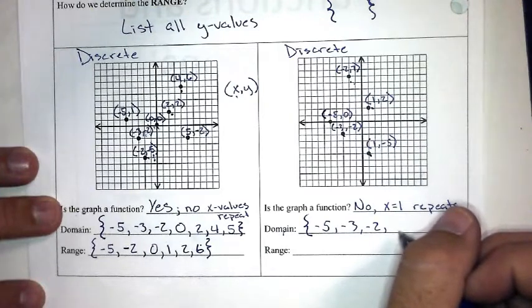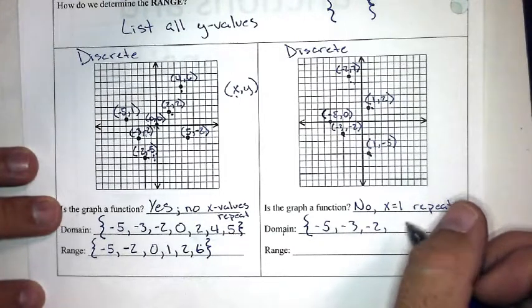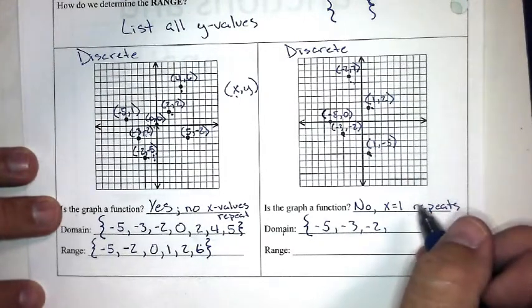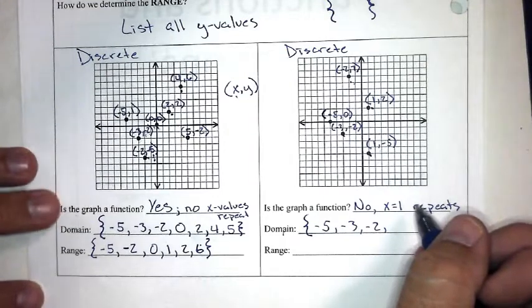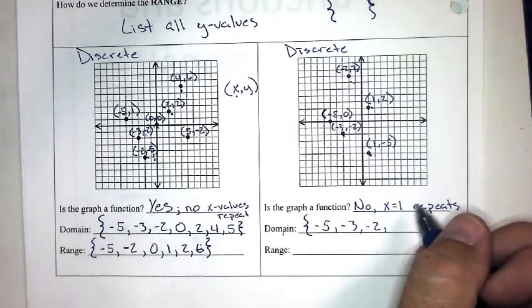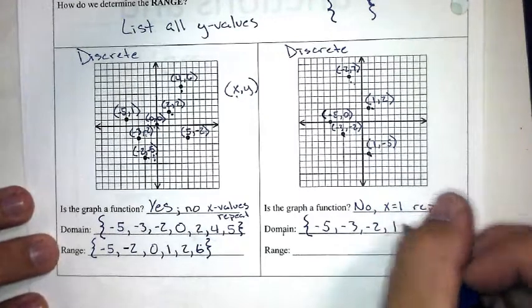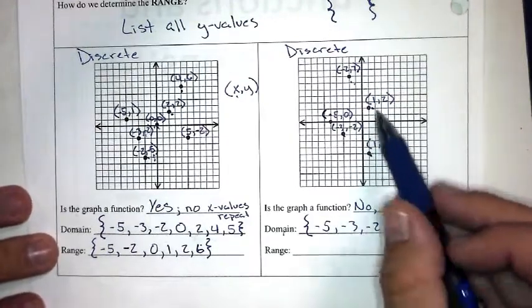Did you say 0? We have an x value at 0? One. Okay. Now, how many total ones are there? Do I need to write them both? No, you just need to write it once. Okay.